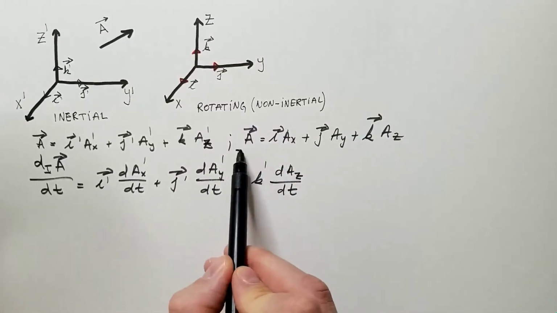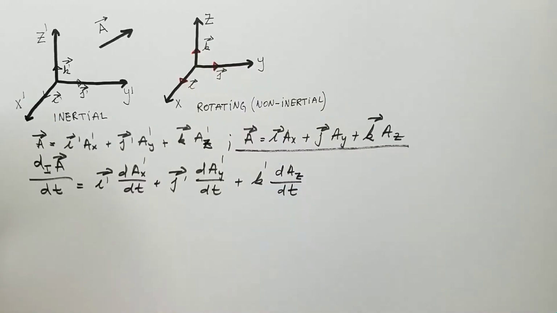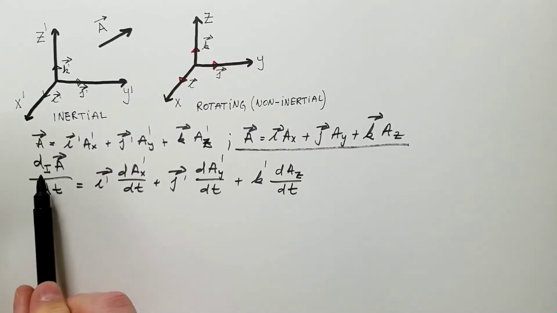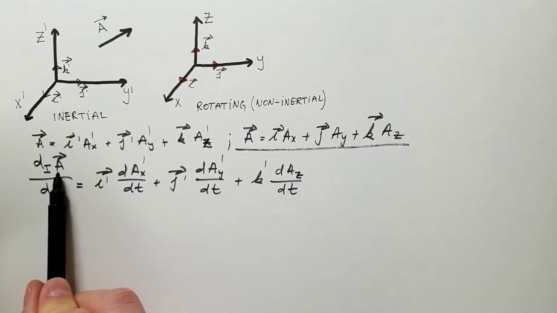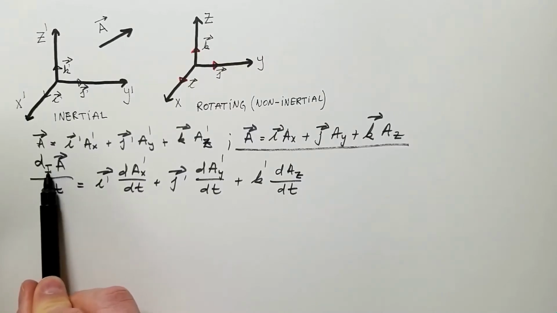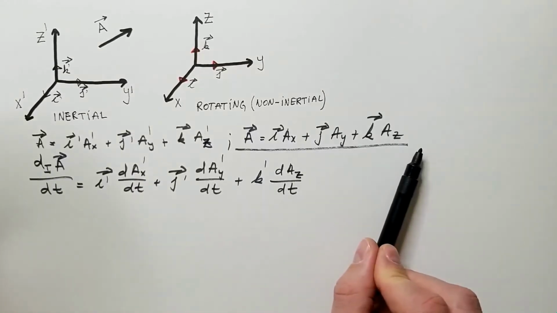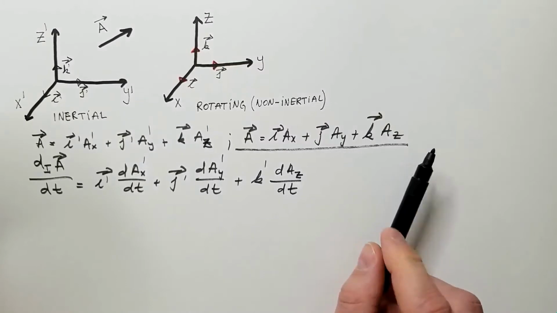A is also expressed in a rotating coordinate system. So the question that we ask ourselves is, what would be the total differentiation of A in the inertial reference frame if A is expressed in the rotating reference frame?